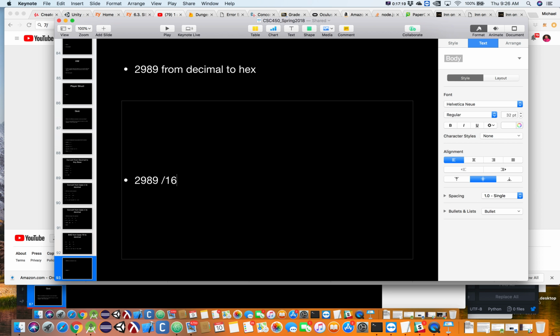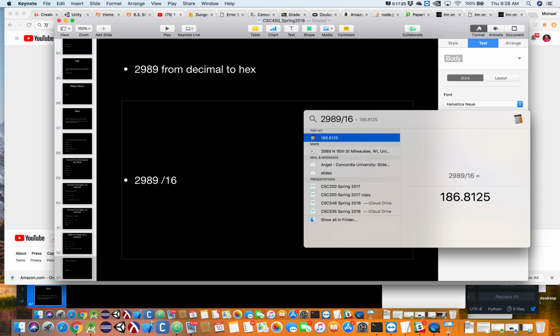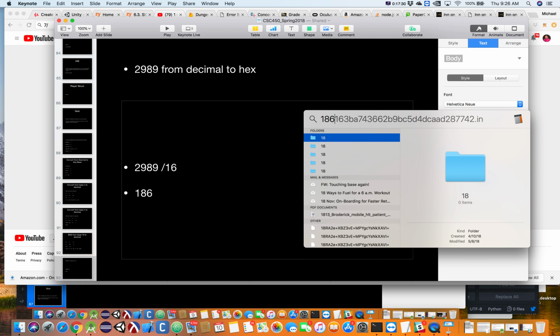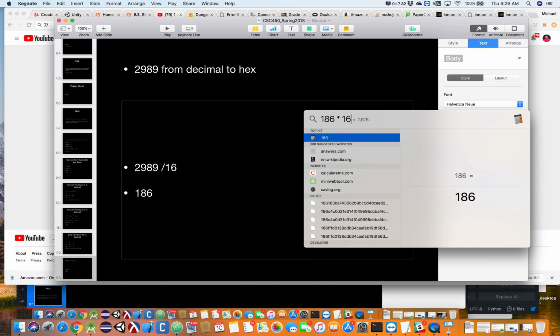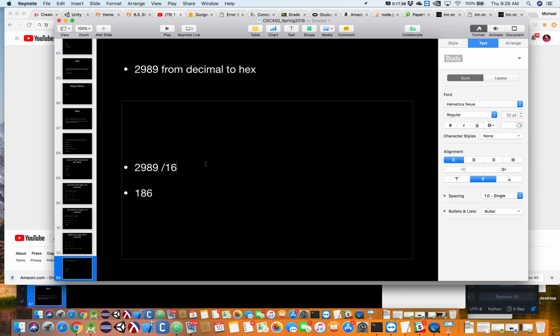Okay, so 2989 divided by 16 gives me 186.8, so I put the 186 here. And 186 times 16 gives me 2976. So 2976 to 2989 is a remainder of what?